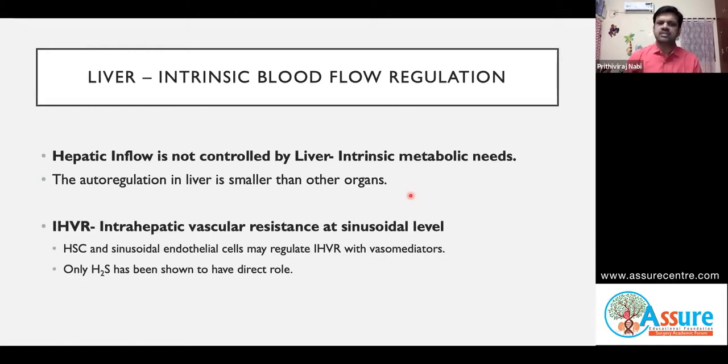At the sinusoidal level, both the hepatic stellate cells and the sinusoidal endothelial cells may regulate the intrahepatic vascular resistance, as I already told you, with the release of vasomediators into the sinusoids. It has been shown experimentally that only hydrogen sulfide has a direct role. Others like nitric oxide and endothelin 1 have been tested and have not shown a direct causative role in intrahepatic vascular resistance.